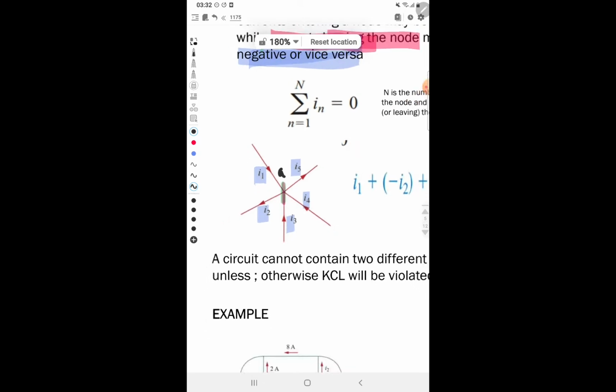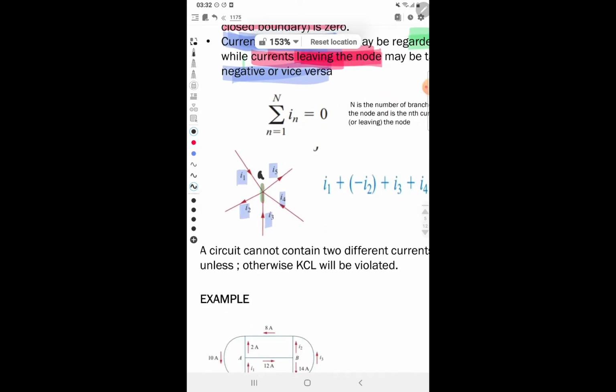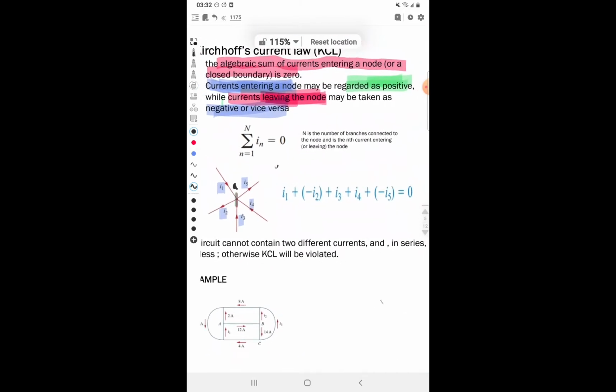So pag gagawa tayo ng equation para dito, or if you would want to find out any current in the equation which is represented by the currents entering and going out our node A, gagawin lang natin ganito.